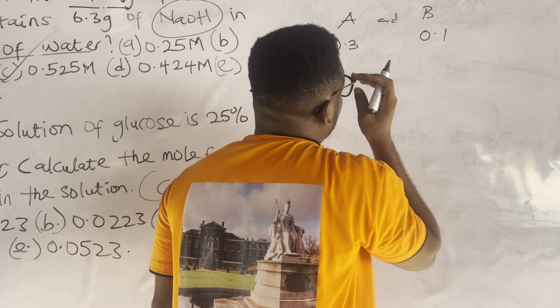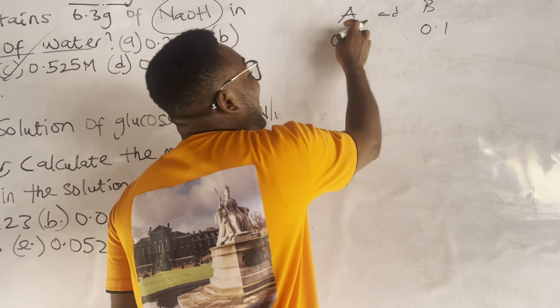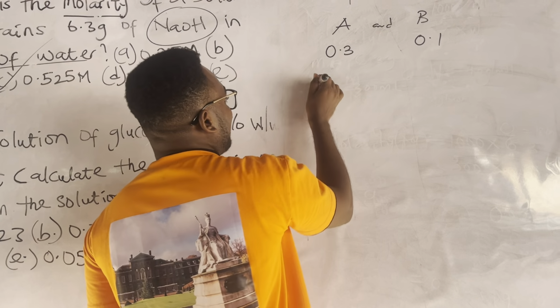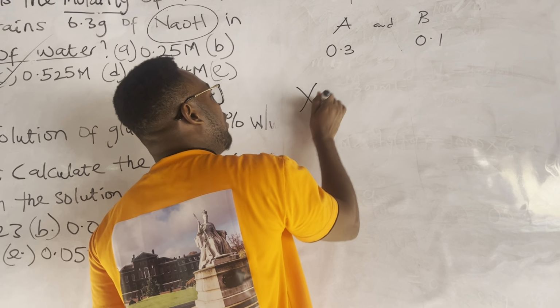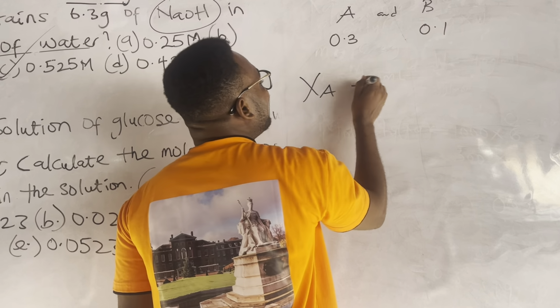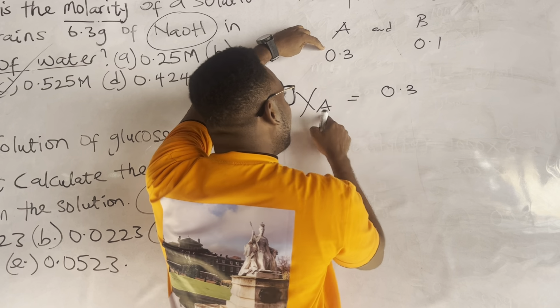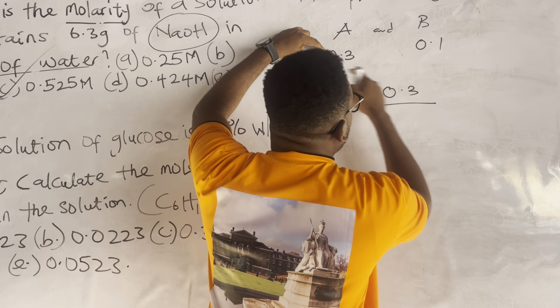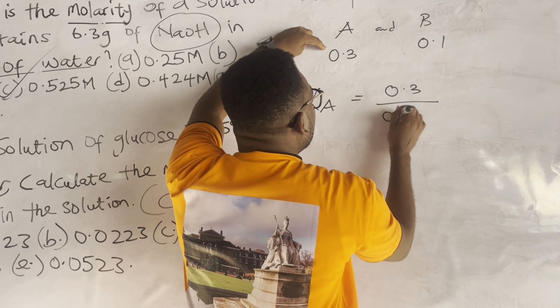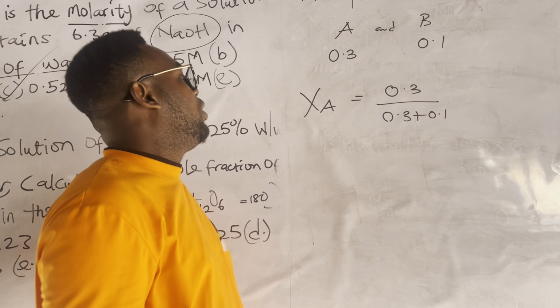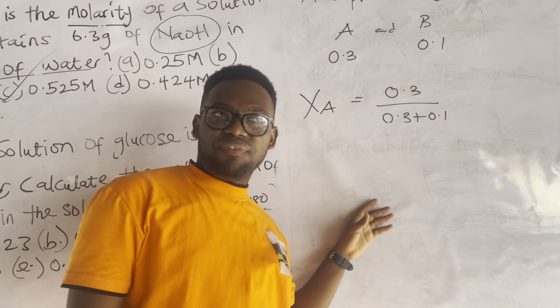If we are asked to find the mole fraction of A, I'm going to write it as XA. It is going to be the mole of A, which is 0.3, divided by the total mole, which will be 0.3 plus 0.1. We plug this in our calculator and get the final answer.